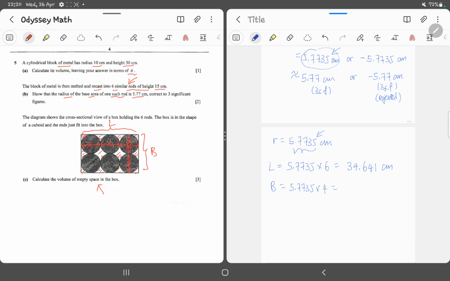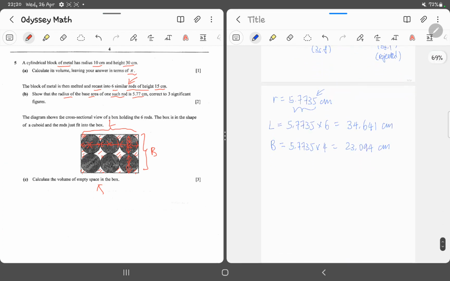So 5.7735 times 4 gives us 23.094 cm for the breadth. Which means that the area of this cross-sectional rectangle will be 34.641 times 23.094. We don't evaluate this first.